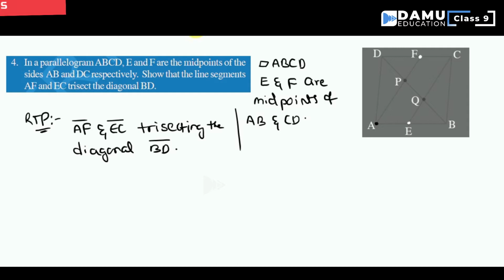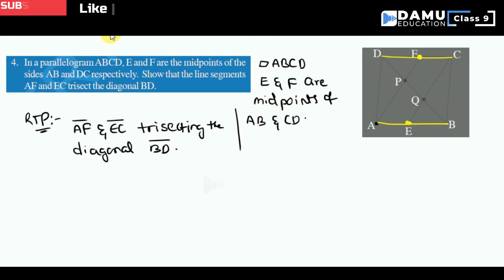So what is the proof here? We have to draw this one. Let's take AB. So this is the side AB and this is the side DC, and these are the midpoints of AB and DC. Let's take AE.